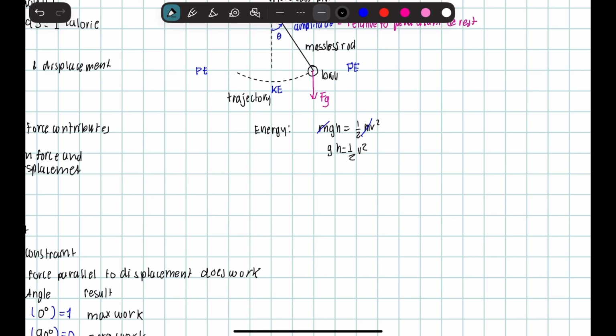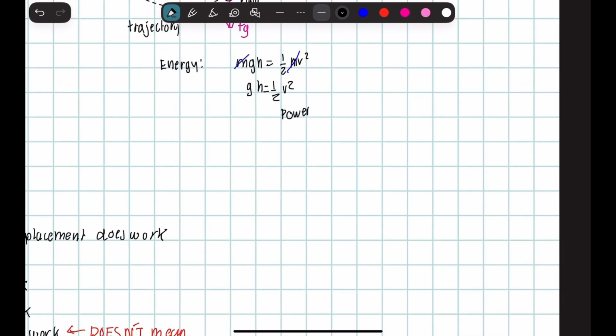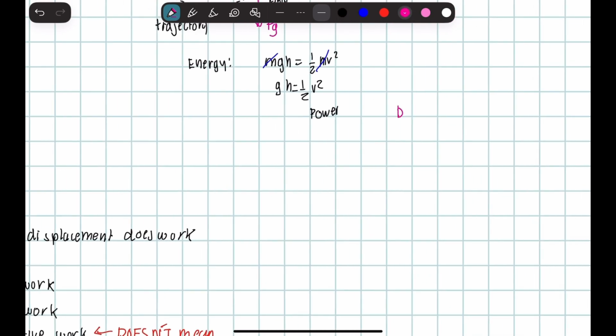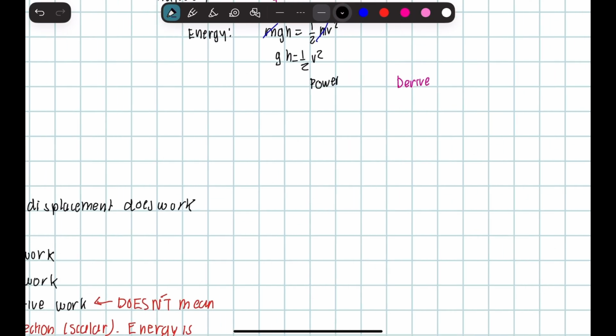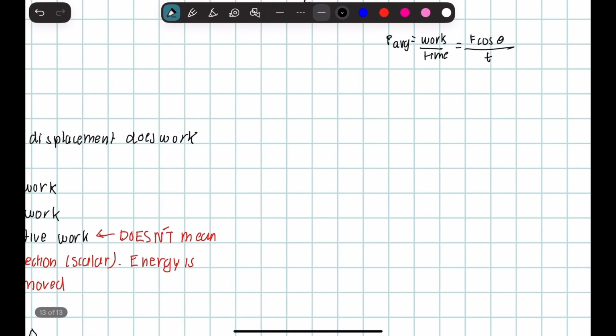Now let's talk about power. So let's derive this. P average is going to equal work over time. And we know that work is defined as F d cosine theta. So then we can divide that by t, and rearrange this for P average is equal to F cosine theta times v average.